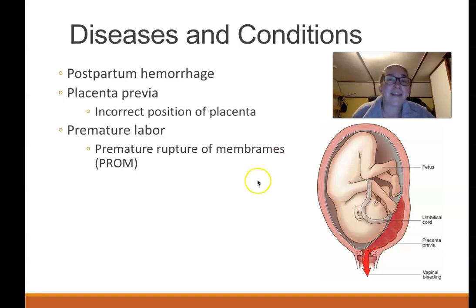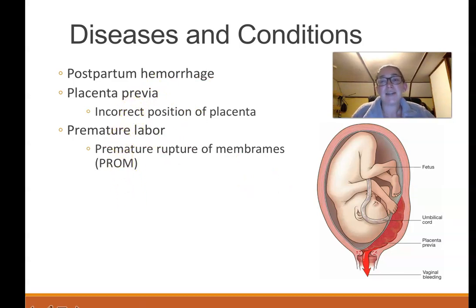In modern medicine and hospitals, they can fix it relatively easily with a blood transfusion. But in a home birth situation, the mother would have to be transferred to the hospital very quickly, because blood loss can happen very quickly and it's very dangerous.